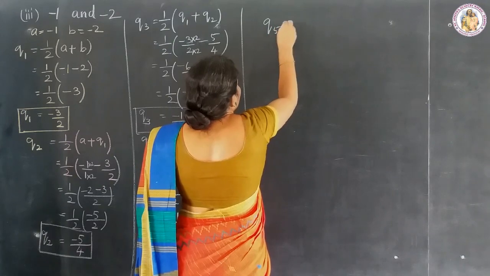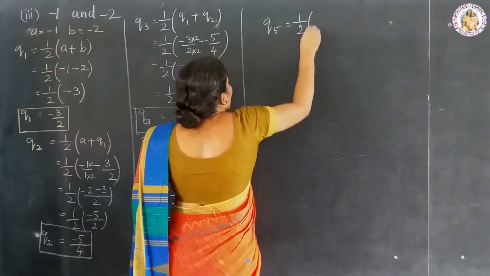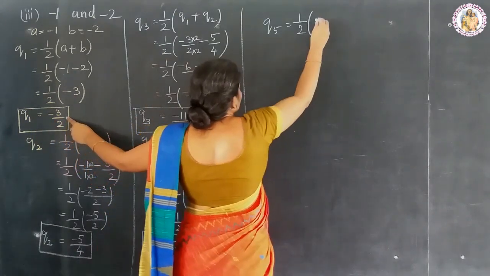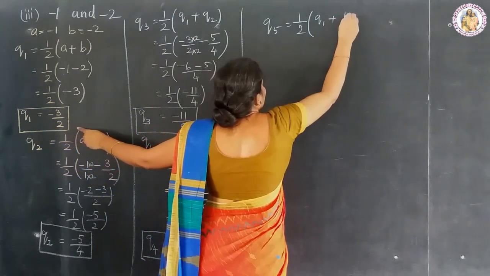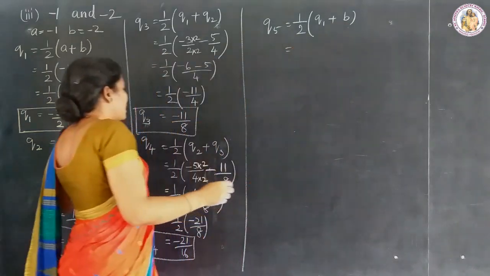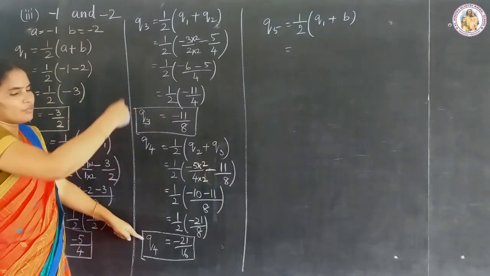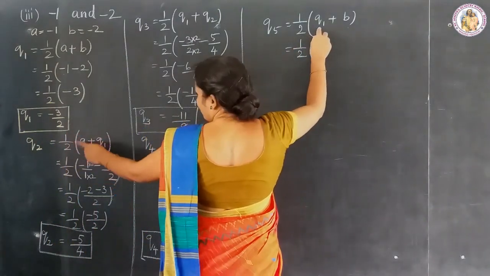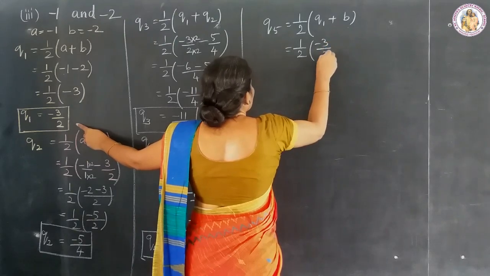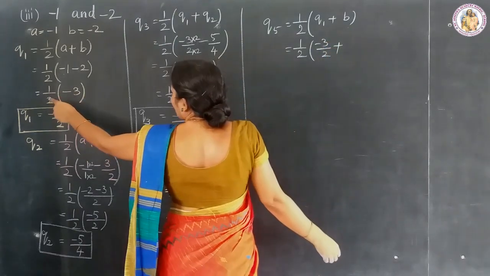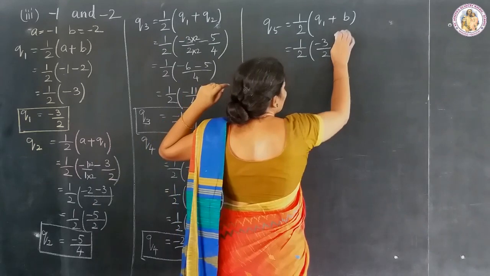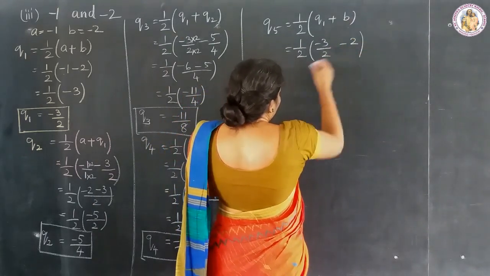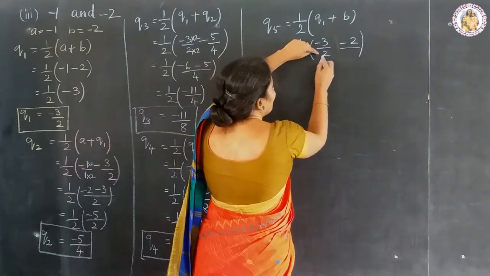And to find Q5, 1 by 2 of, we can go with Q1 with B. So Q1 plus B. Otherwise you can even take Q3 and Q4 for Q5. So 1 by 2, Q1 we have minus 3 by 2 and for B we have minus 2. So write minus 2 by 1.